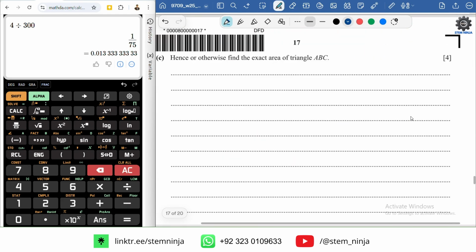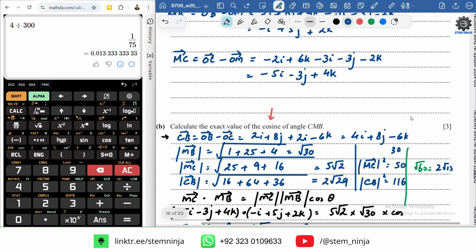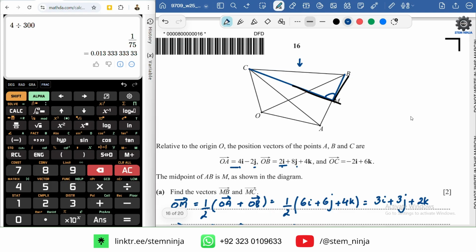Okay. Hence or otherwise find the exact area of triangle ABC. So since M is the midpoint, and we have one angle like this, the other like this. This MA would also be same length as MB.